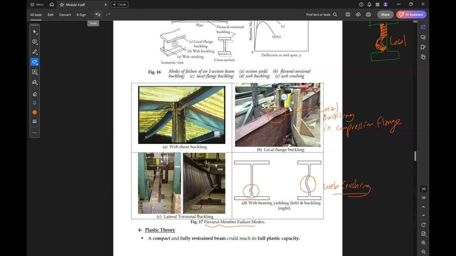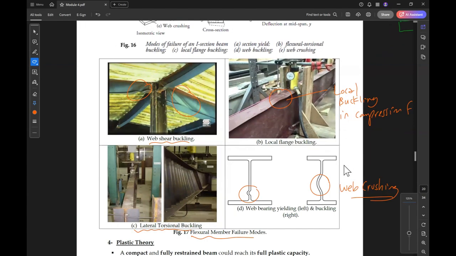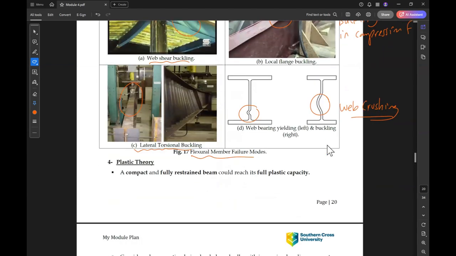Okay, and here, if you can see, is web shear buckling, and this one here, number C, is lateral torsion buckling. Okay, so as you can see here, if we zoom out, this is the lateral torsion buckling of the flexure member.